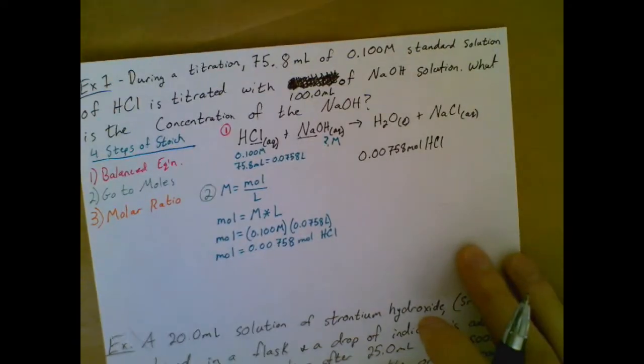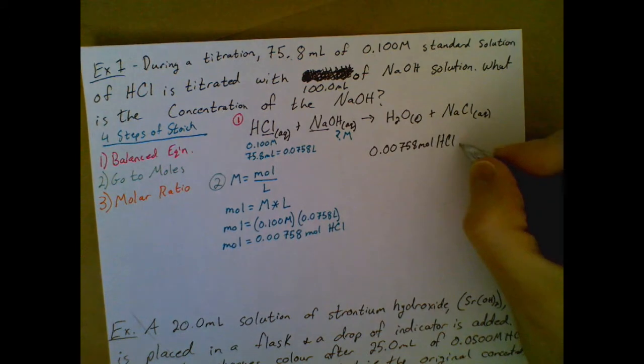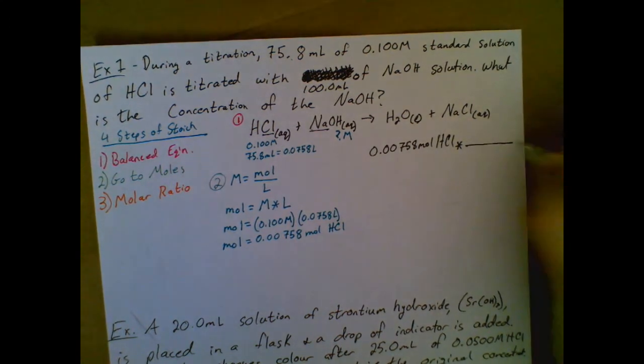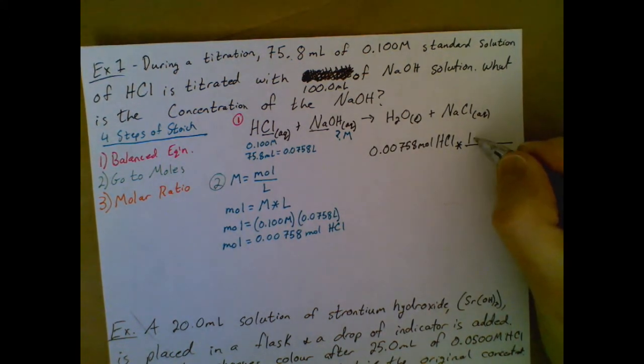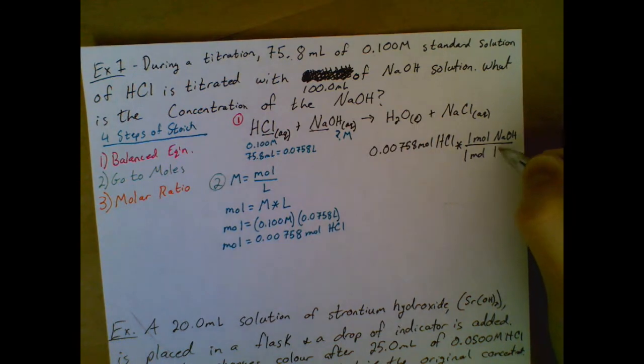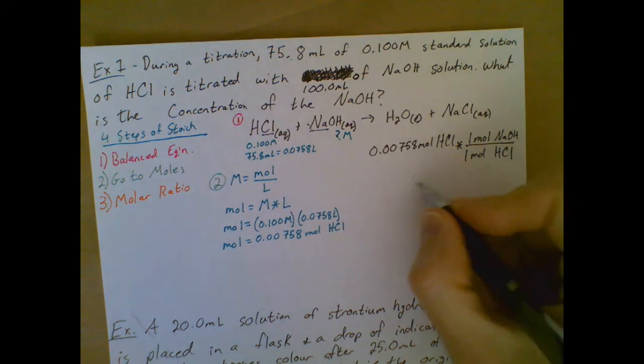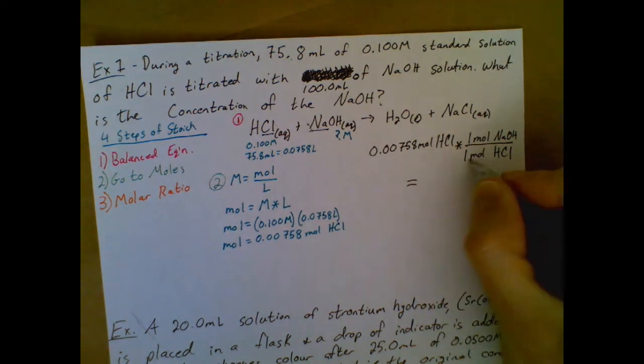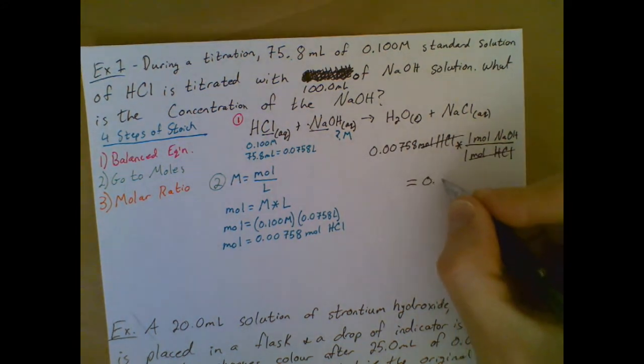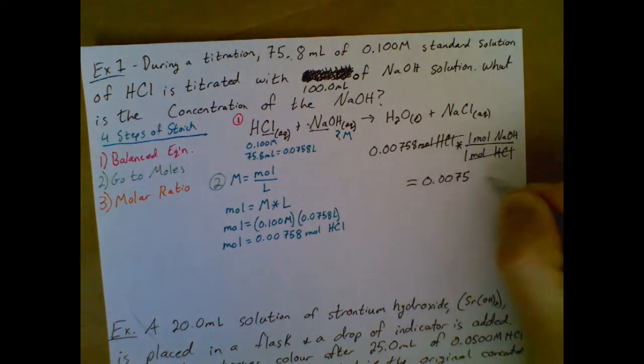Okay, I didn't leave myself a lot of space here, so we're going to scrunch this in. There is 1 mole of sodium hydroxide for every 1 mole of HCl, right? It's a 1-to-1 ratio. So the amount of moles of sodium hydroxide, well, it's exactly the same. 0.00758 moles of sodium hydroxide.